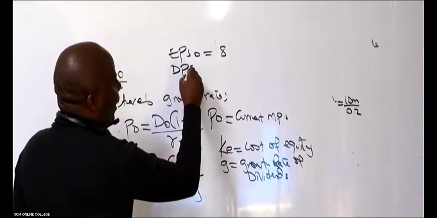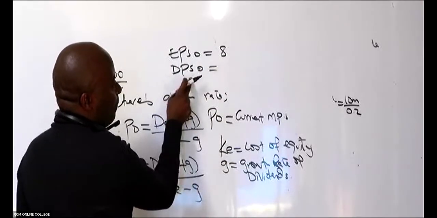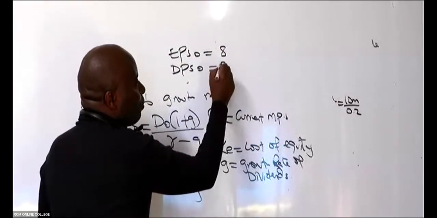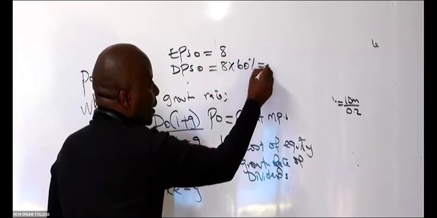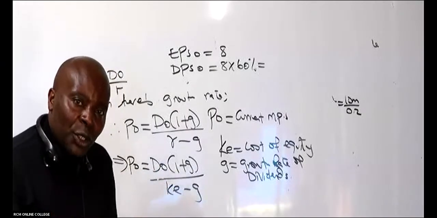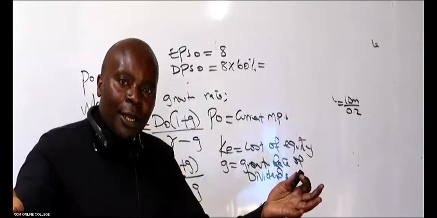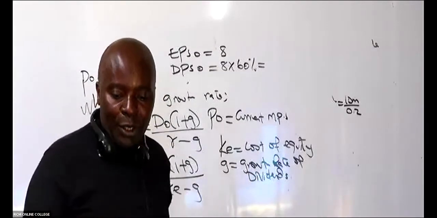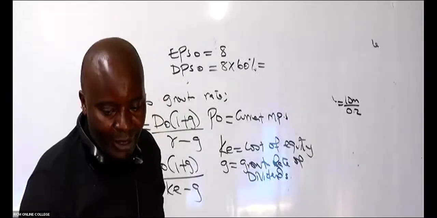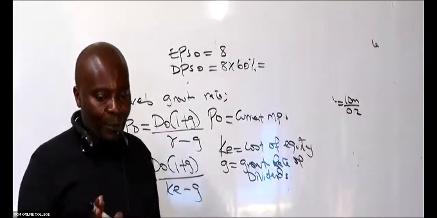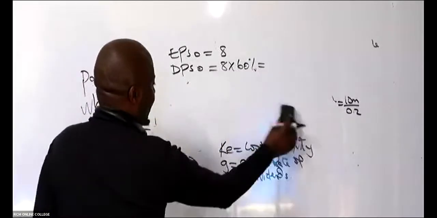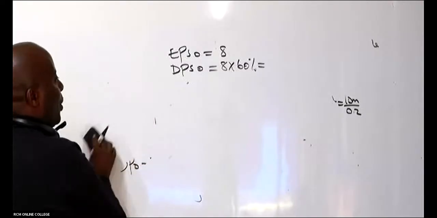I can easily get the DPS, dividends per share, in the current year, because out of the company's earnings, these people are paying 60% as dividends. Remember, dividend is what is being paid out. Retention will be 40%, but now I'm looking at dividends per share for now. We should be able to reach there.